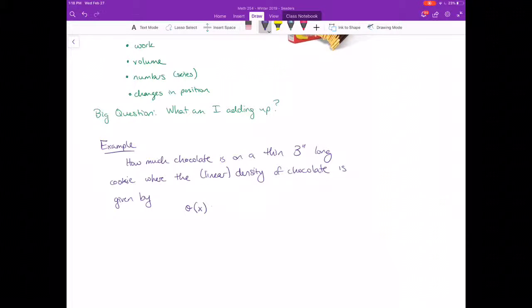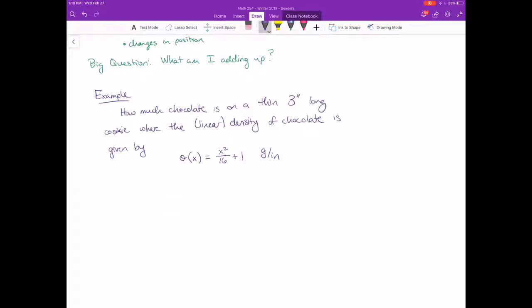So the linear density is given by sigma of x is equal to x squared over 16 plus 1 grams per inch, where x is inches along the cookie.